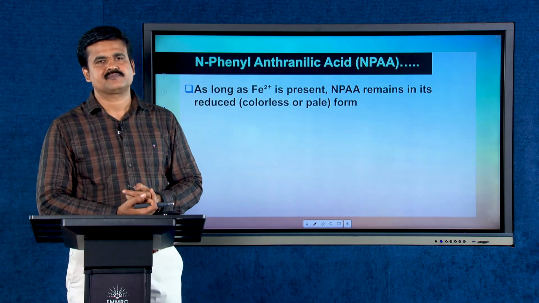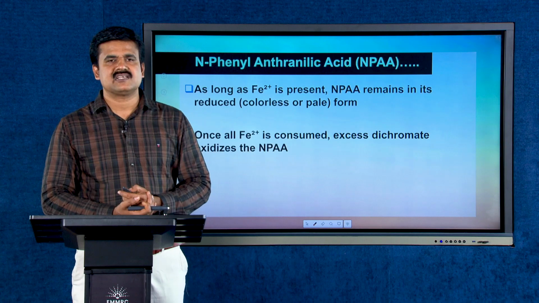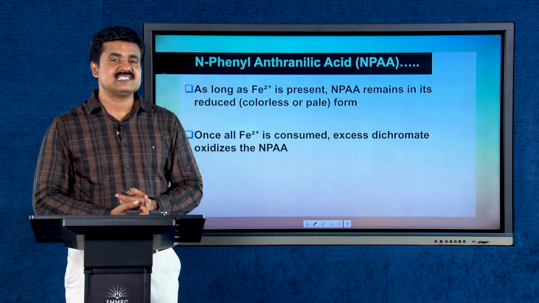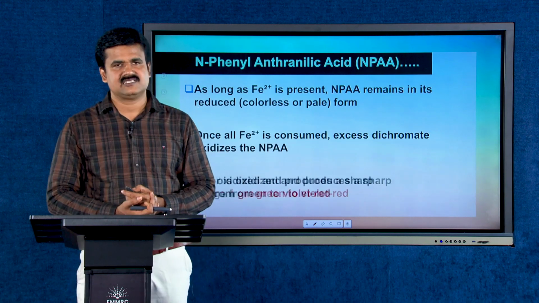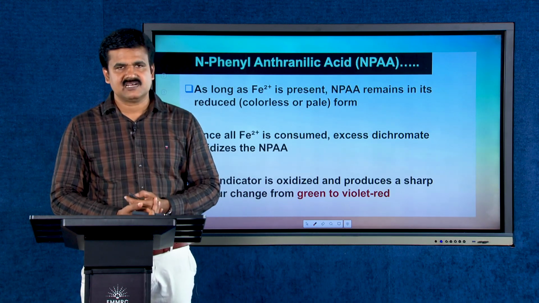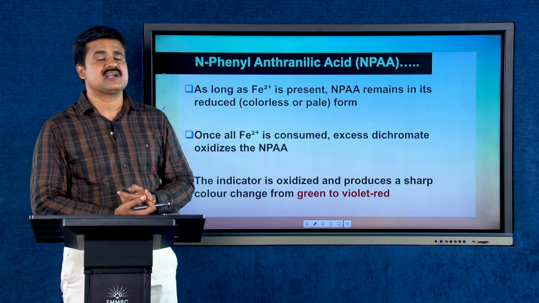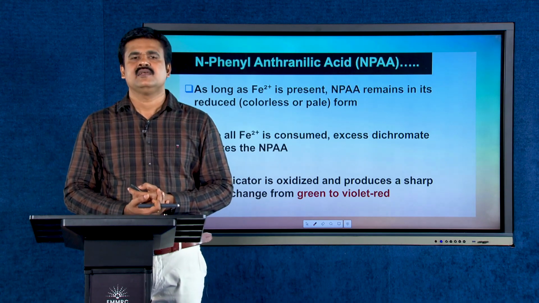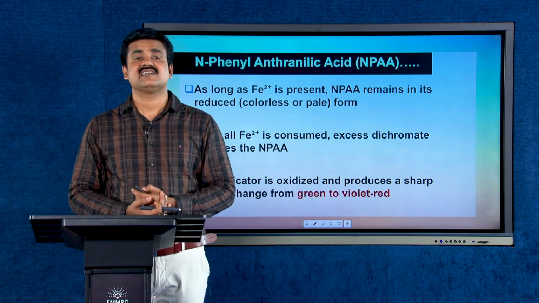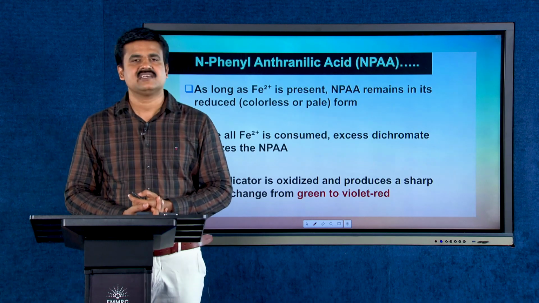Once all Fe2+ ions are consumed, excess dichromate oxidizes N-phenyl anthranilic acid, and the oxidized form has a different color. The indicator is oxidized and produces a sharp color change, from green to violet red. This is because violet red is the color of the oxidized form of N-phenyl anthranilic acid.